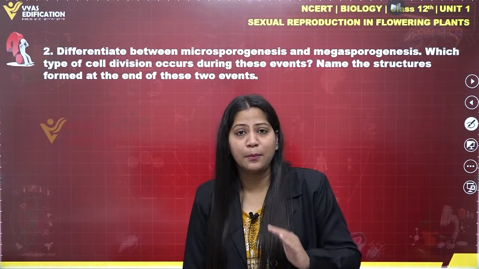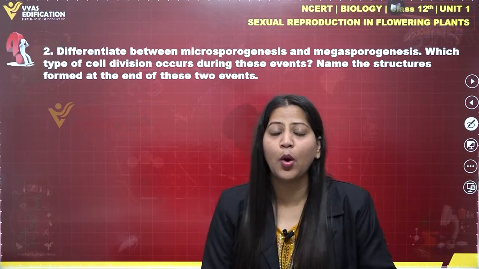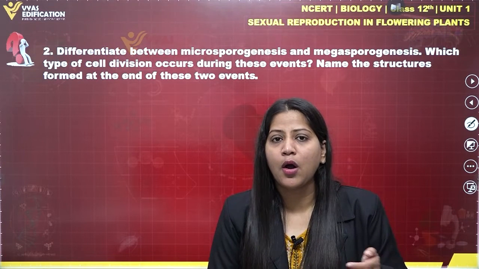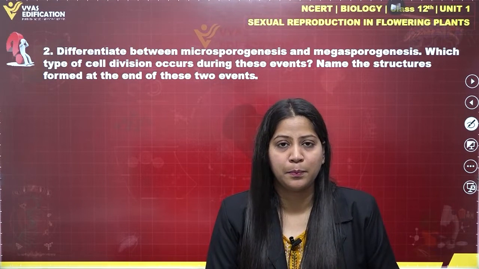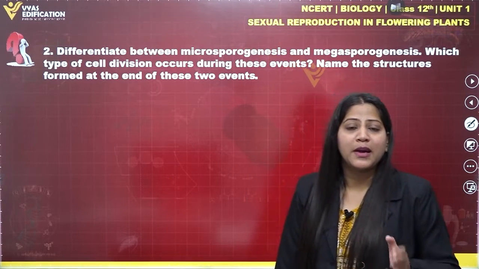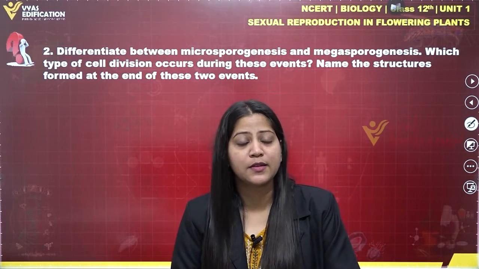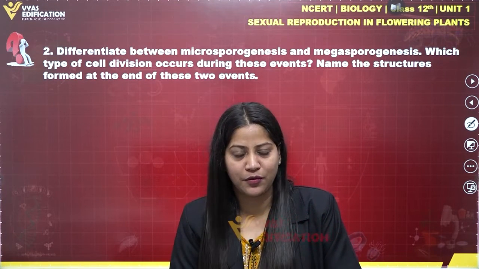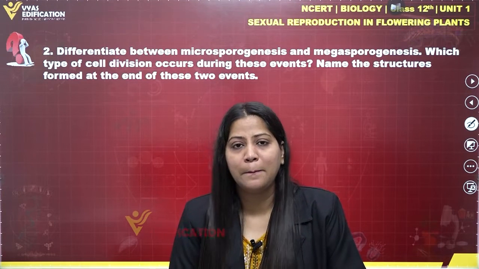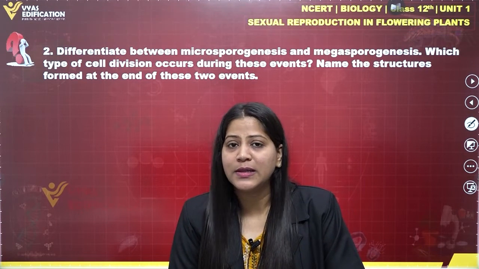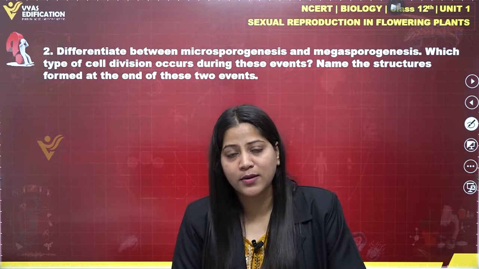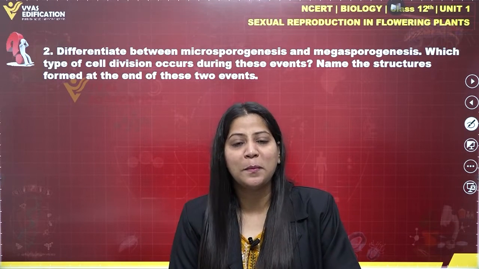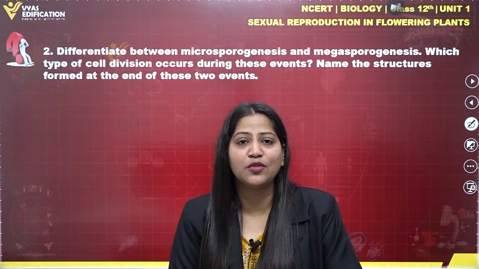Microsporogenesis is actually a process of formation of haploid gametophyte from diploid pollen mother cell, or we can say diploid microspore mother cell. Now, if we talk about megasporogenesis, megasporogenesis is also a process of formation of haploid female gametophyte from diploid megaspore mother cell. So these are the two processes occurring in the different parts of a flower which will give rise to male gametophyte and female gametophyte.